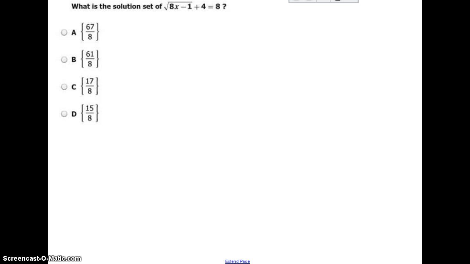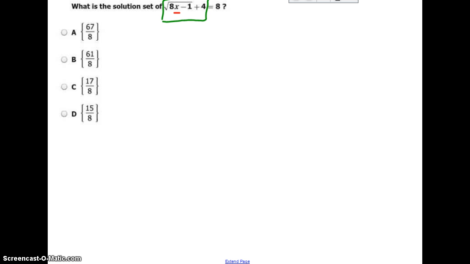So what we're going to do is take our answer choices and plug them in for x. Okay? We're just going to do the left side of the equation. So the left side being this part. And we're going to do this on our calculator, and when we hit enter, we're hoping to get 8. Okay? Whatever value gives us 8 is our answer.